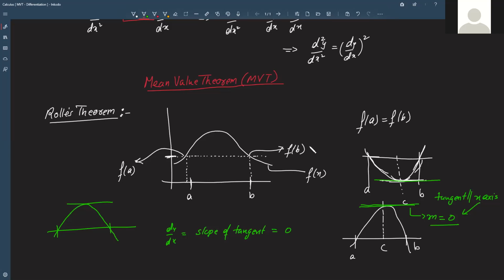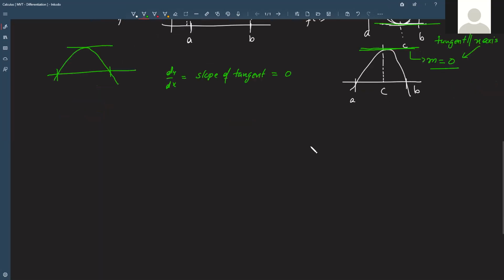So this mean value theorem can be summarized as: when we have a function f which is defined in the closed interval a to b, to real numbers, and it is continuous in that domain and differentiable, that means you can find its differentiation.